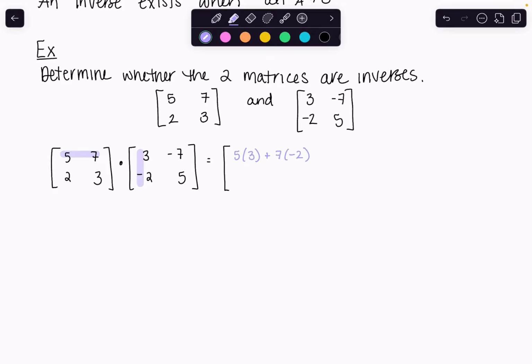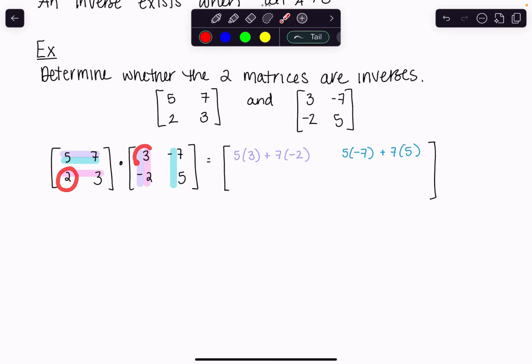Then for my next spot, I again still use the first row, but now I use the second column. So we get 5 times -7, and then we have 7 times 5. Then moving on to the second row, we have second row, first column.